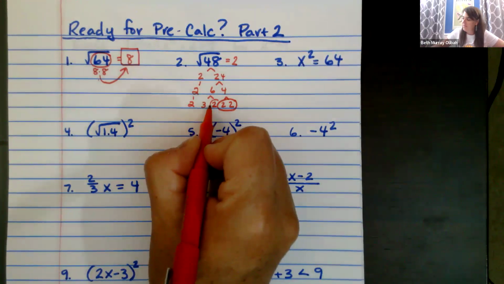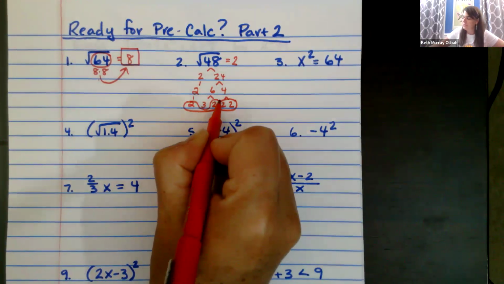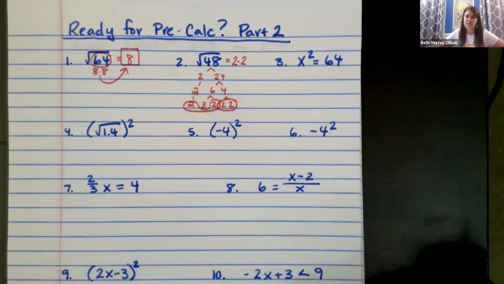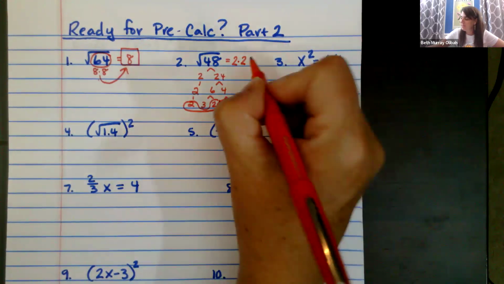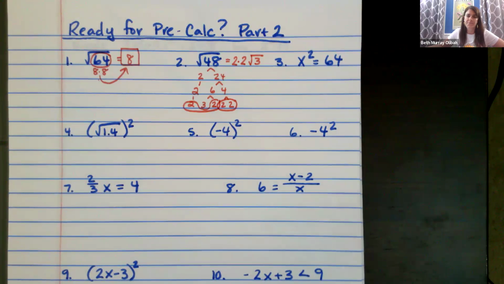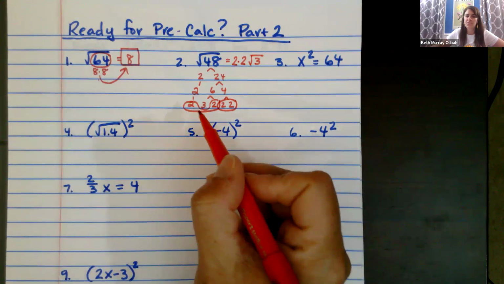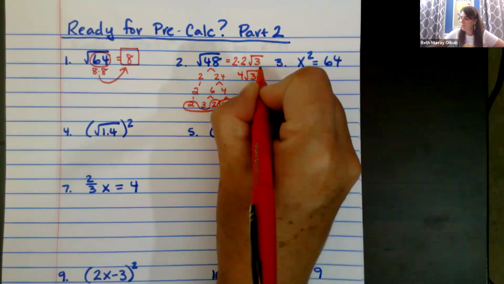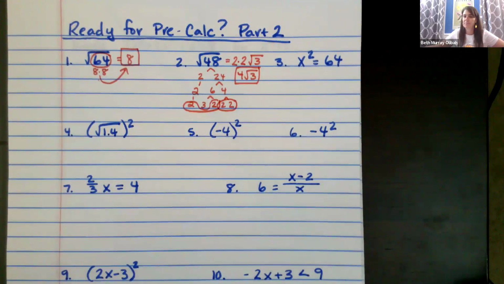And then there's another pair of 2's, so they also get to come out as a 2. And then that 3 does not have a second 3, so it doesn't get to come out. So I pulled out a 2 and another 2. So really I have 4 square root 3. So that's how you reduce square roots.